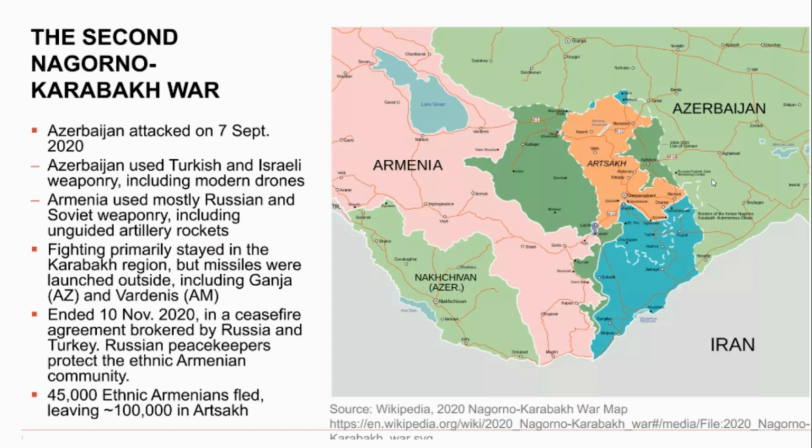The war mostly stayed in this region, but unfortunately, Armenia several times attacked other Azeri cities, and poor innocent people died. Here, soldiers, when they were fighting. Armenia attacked the second largest city in Azerbaijan, called Ganja, and several people died, including children.